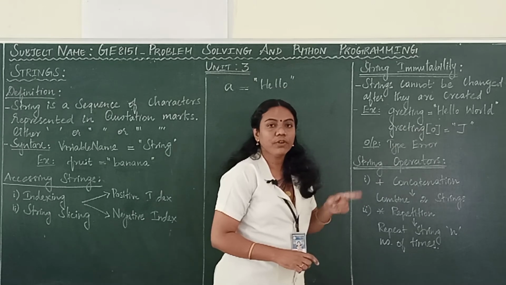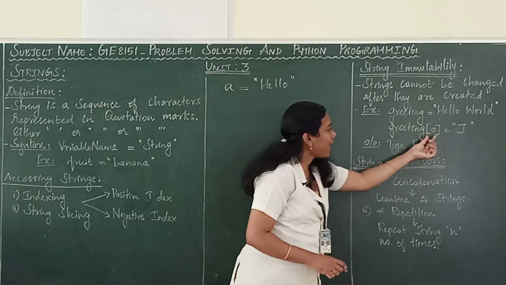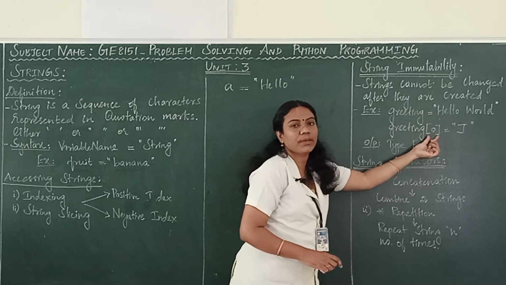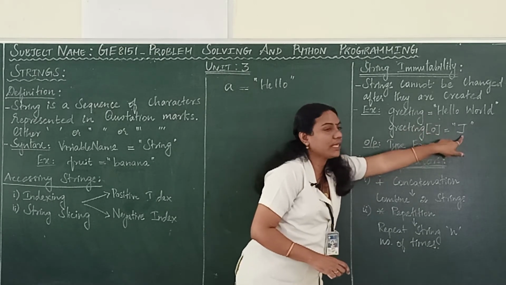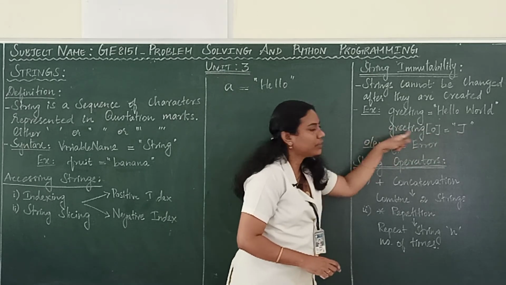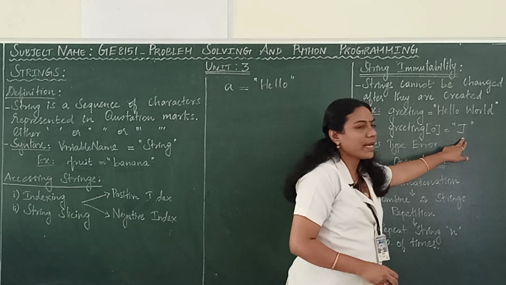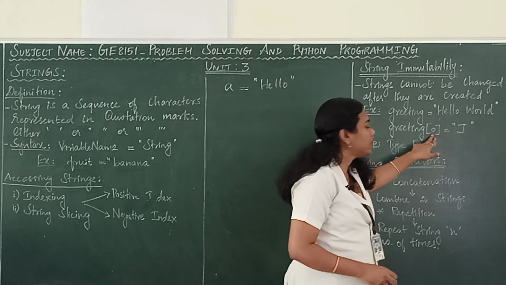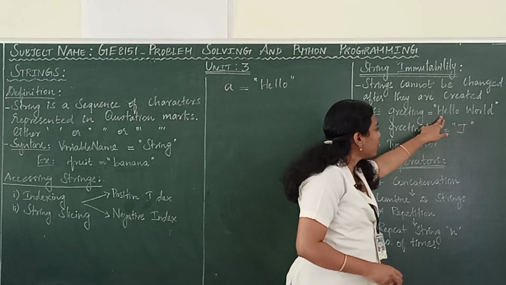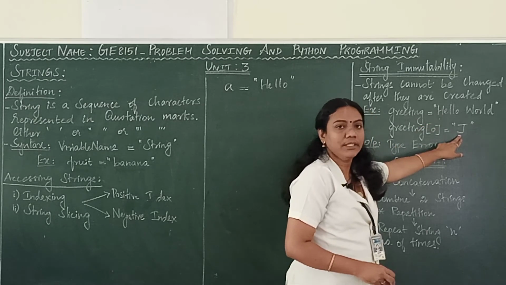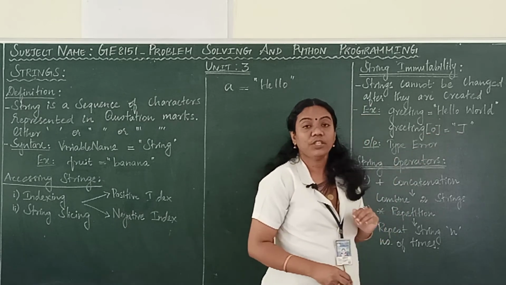The 0th position represents the character H. The first character of the string hello world is going to be changed to J. We are introducing a new character J at position 0, meaning this H is going to be replaced by the character J. If you include a statement like this, it will show an error.